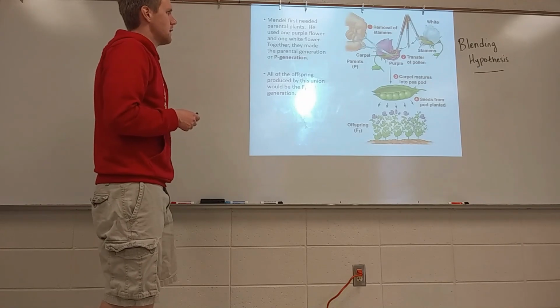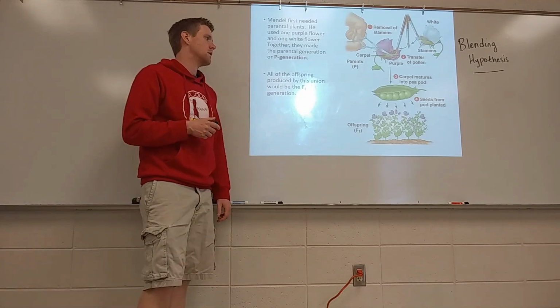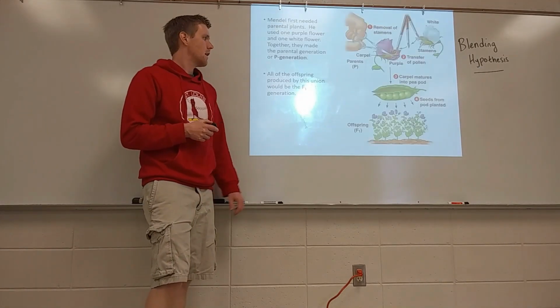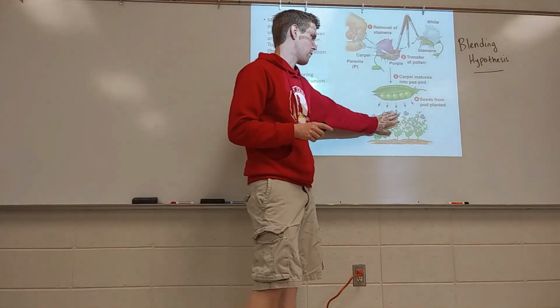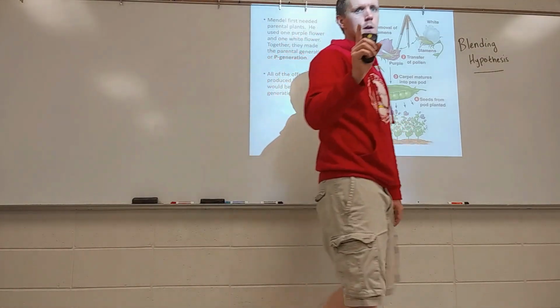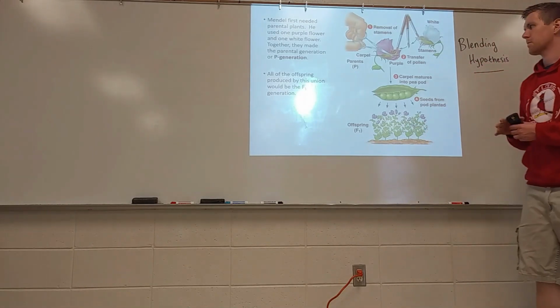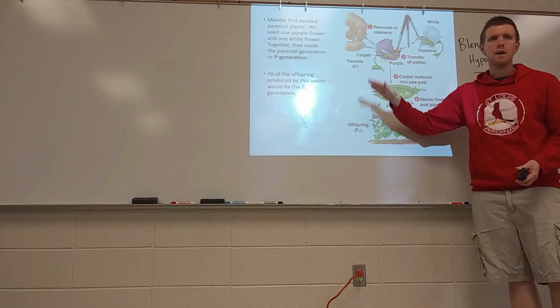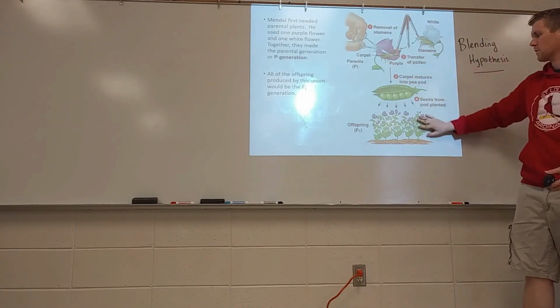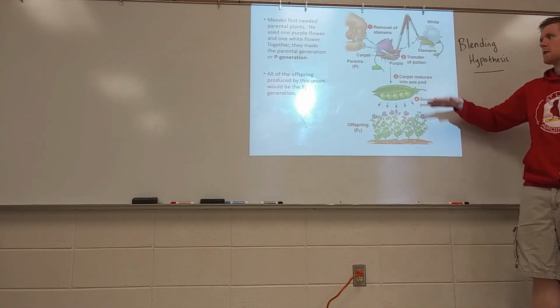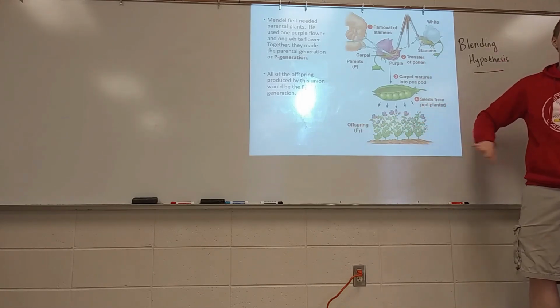All of the offspring produced by that union would be the F1 offspring. And if you look at them all, every single one is purple. Blending hypothesis would have taught us that purple was the dominant physical trait, and the white coloration was blended out after simply one generation. It's gone, it's blended out.